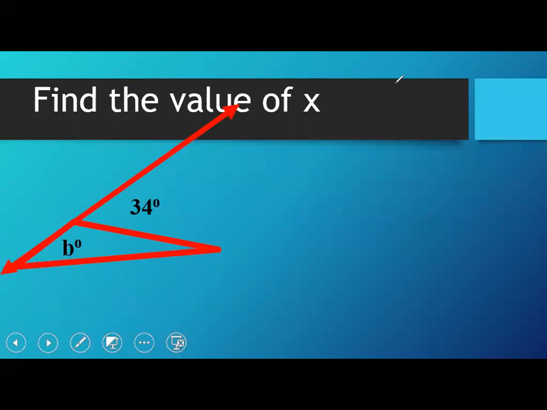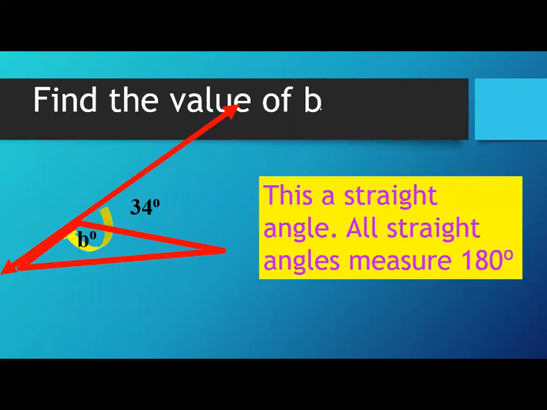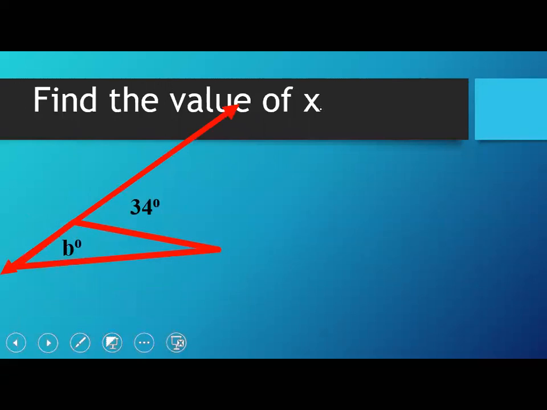Okay, guys, there's one more. Again, we have a triangle that looks like a right angle, and then we have a line. We are going to look for this symbol.